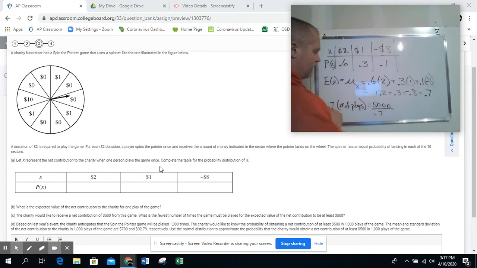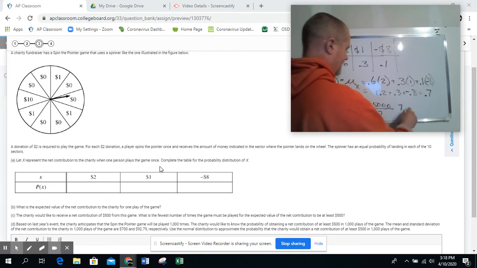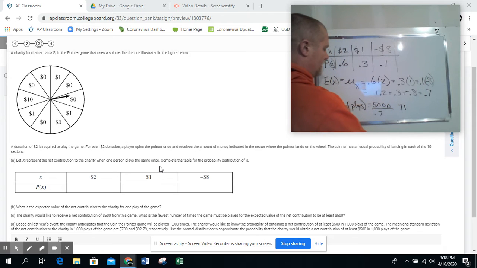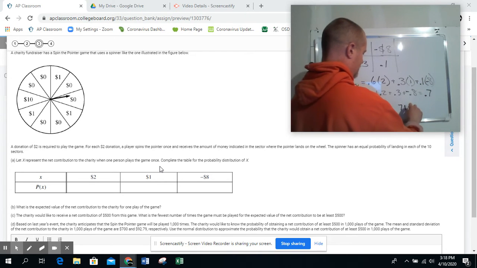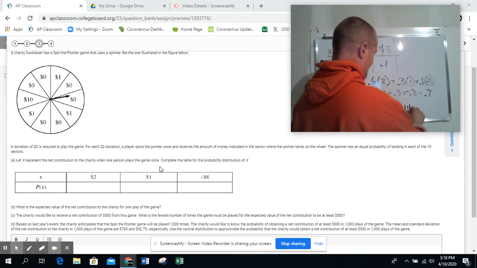And 5,000 divided by 7 is, let's see, 7, and then that's 10 left over. So it's going to fit in there 1. And then that's 30 left over, and that's going to be 4, and then plus a little bit more. So there's some remainder after that.